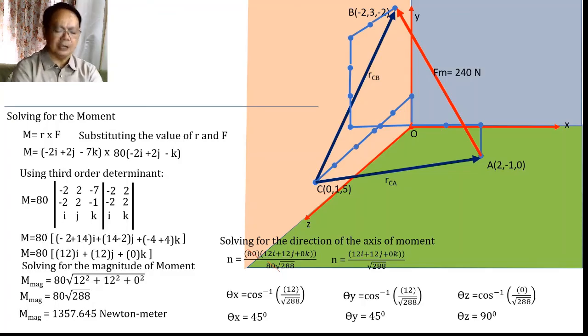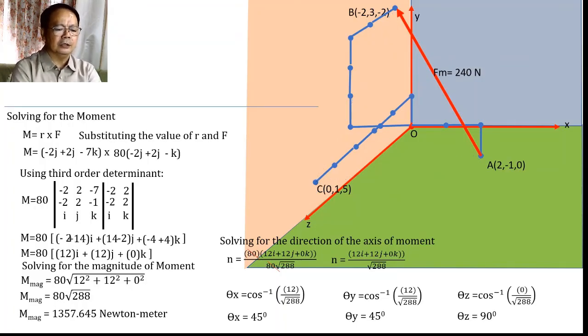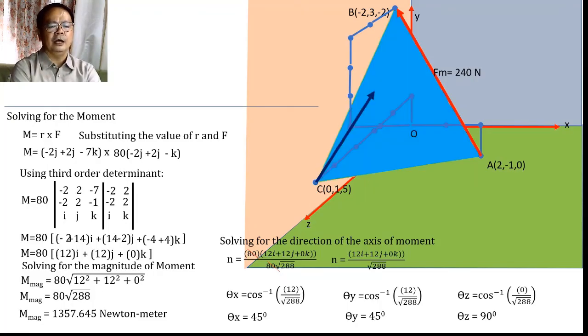So to illustrate how the axis of rotation is directed, let us imagine that at point C we draw the axis. That axis must be perpendicular to the plane containing O and points A and B. The 45 degrees that this makes with respect to the x-axis is represented by this angle. Theta sub y is the angle that this direction makes with respect to the axis parallel to the y-axis, which is 45 degrees.